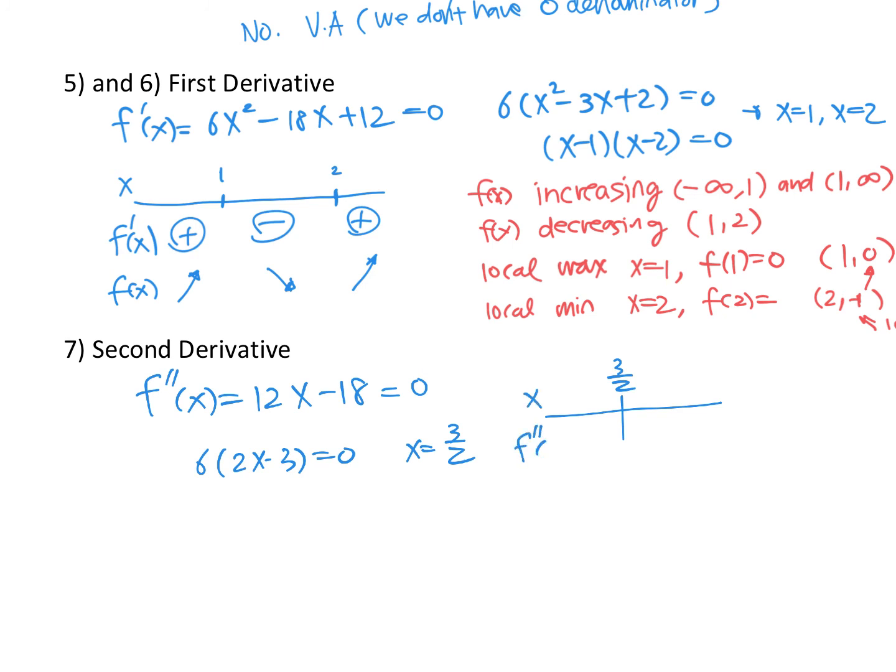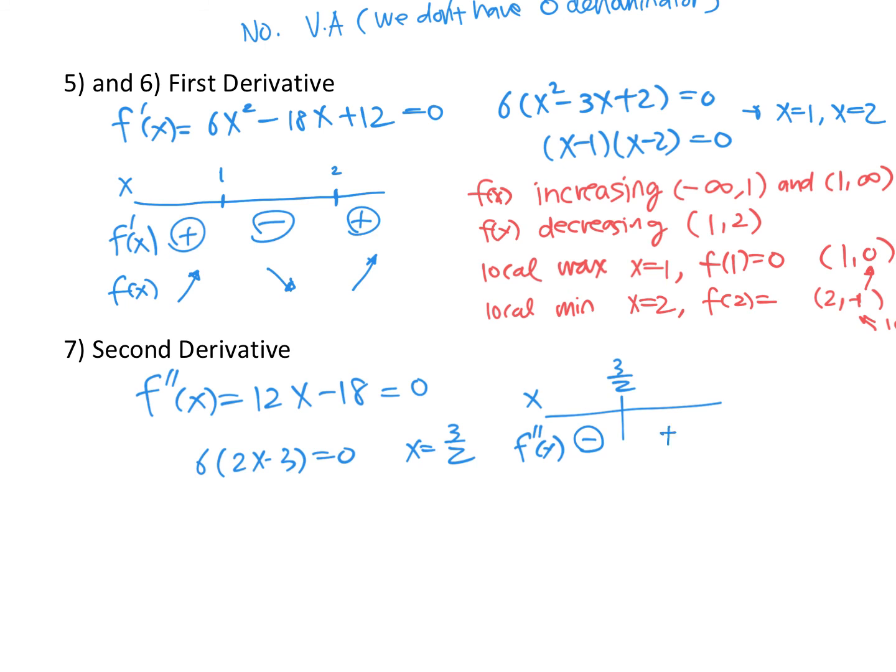Let's look at the second derivative. Again, here I only have one critical point, so I have two intervals. Give me a sample point here, maybe 0. Plug in 0 here. 0 minus 3 is negative. So my second derivative is negative here. Give me a number after 3 over 2, like 10. Plug in here, 2 times 10 is 20, that's positive.